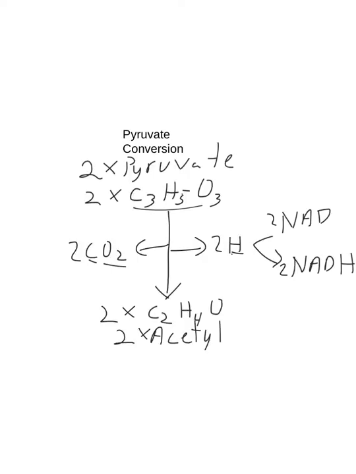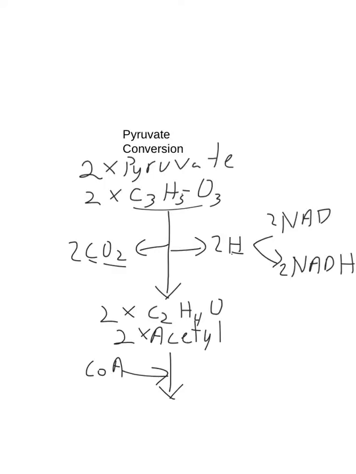Well, the acetyl is not going to be able to participate in the next set of reactions unless it's carried into the next set of reactions by a little helper. And our little helper molecule here is going to be referred to as coenzyme A. And coenzyme A doesn't really change the acetyl group in any formative way. It just acts to carry it to the next set of reactions.